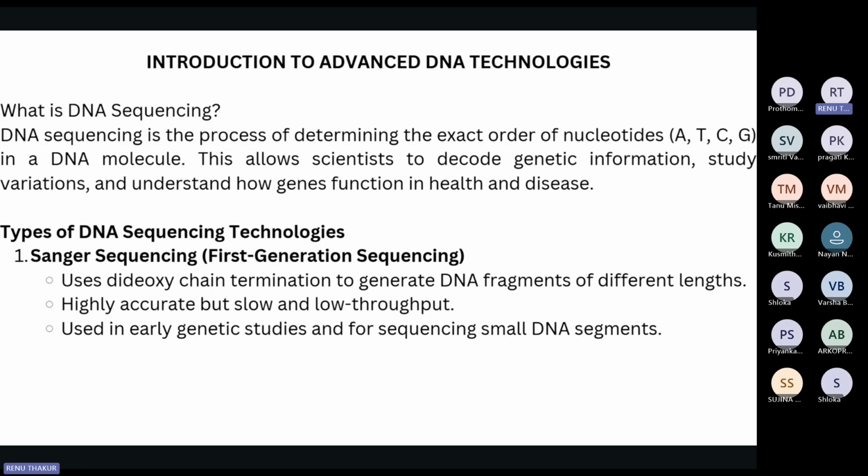Sanger sequencing was called the first generation sequencing. It used dideoxy chain termination to generate DNA fragments of different lengths. It was highly accurate, but it was slow and low throughput. It was used in early genetic studies, like for HGP and for sequencing small DNA segments.